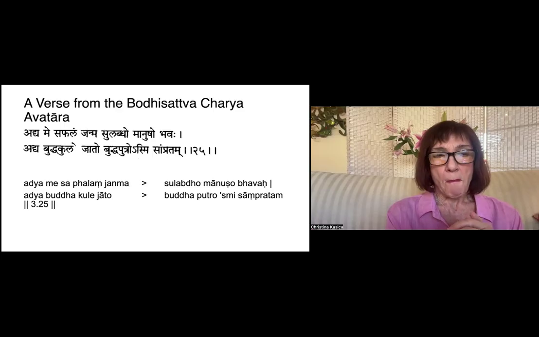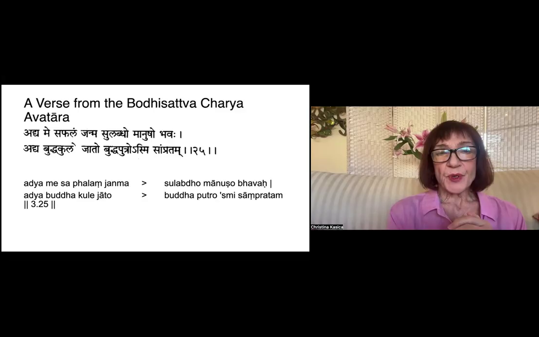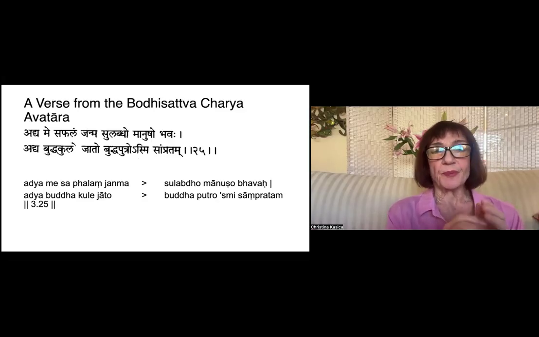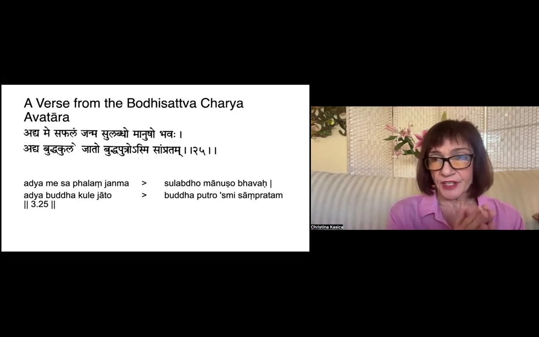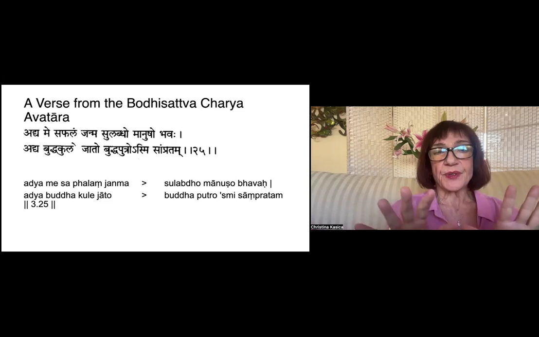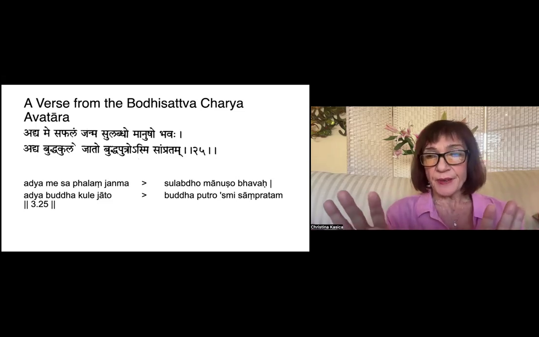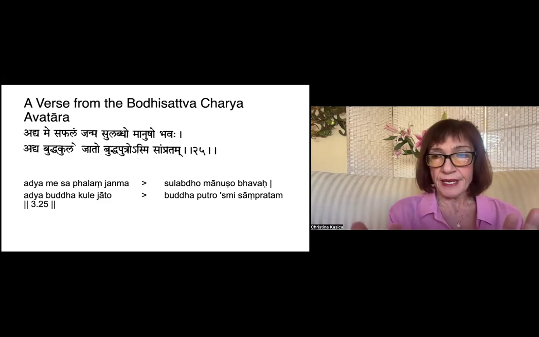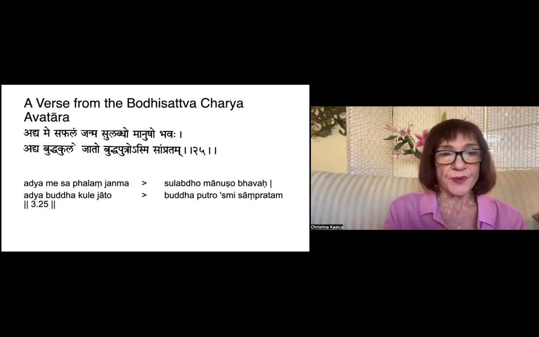I think 10 as well. 10, says Marina. So basically, we see that the Bodhisattva Charya Avatara is poetically varied between 9 and 11 beats per verse. So it's something to consider as we move through this.